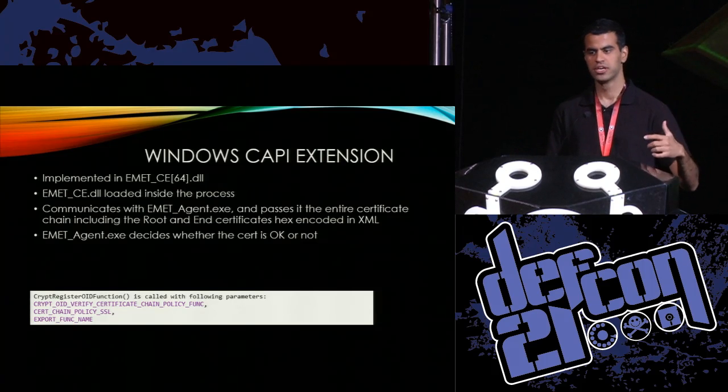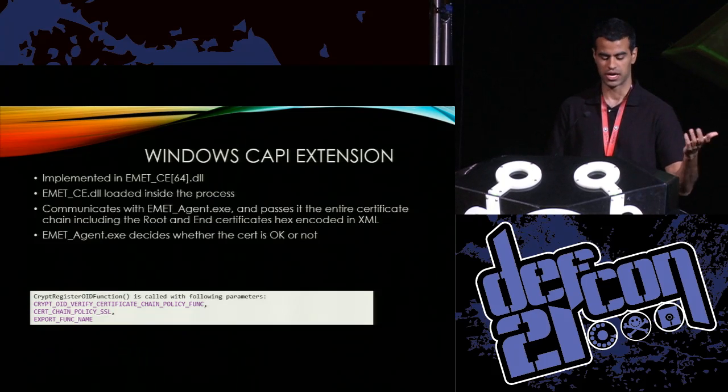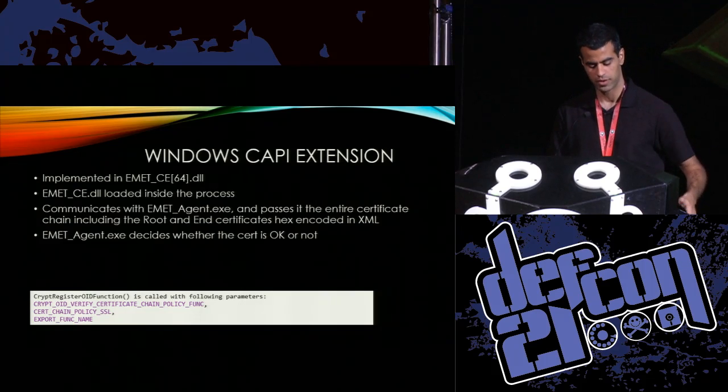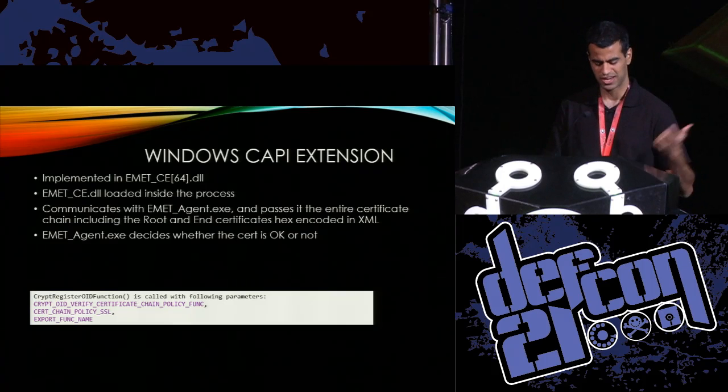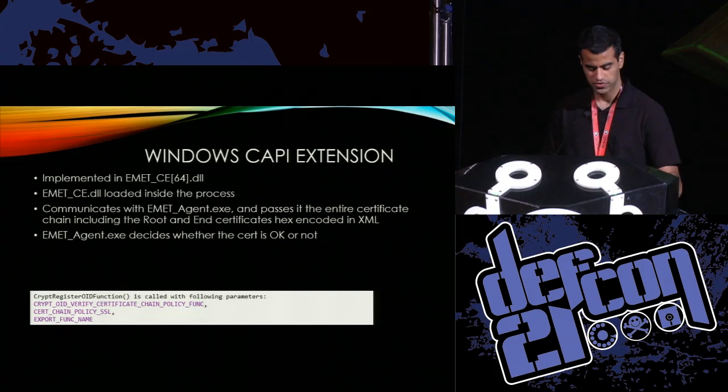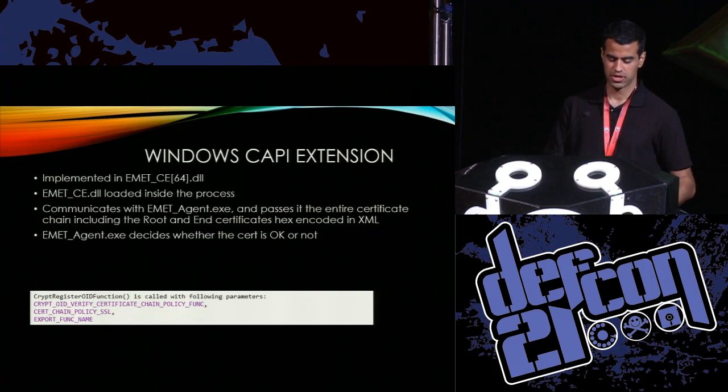Then the EMET agent makes a decision about whether or not the certificate is okay. As you can see at the bottom, we have the CryptRegisterOIDFunction code snippet, and you can see that we specifically target SSL. So this is specifically for SSL checks.